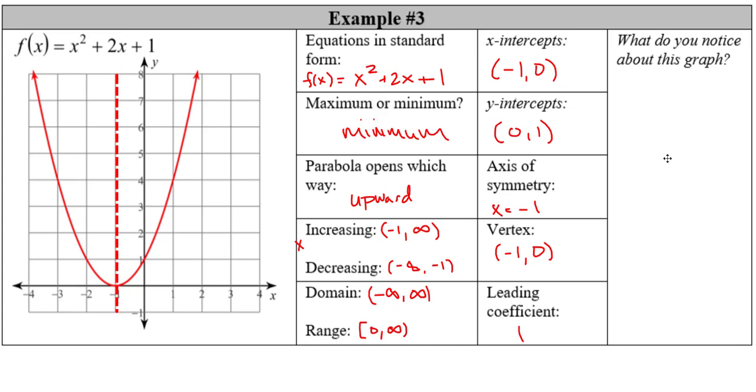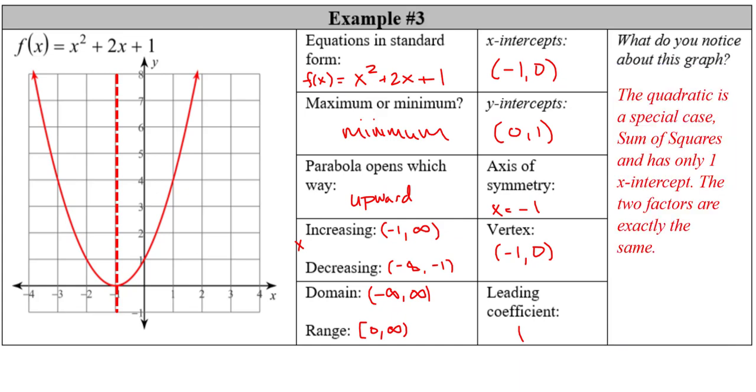I left a little key piece of information here. Let's take a look. This is one of our special case perfect squares. The two factors are exactly the same. If we were to factor this, we would end up getting x plus 1 and x plus 1, and then we would simplify that as x plus 1 squared.